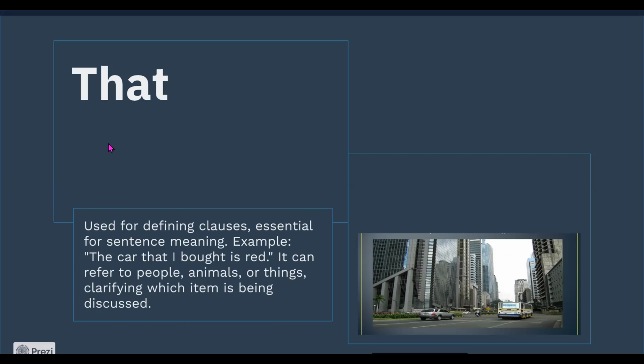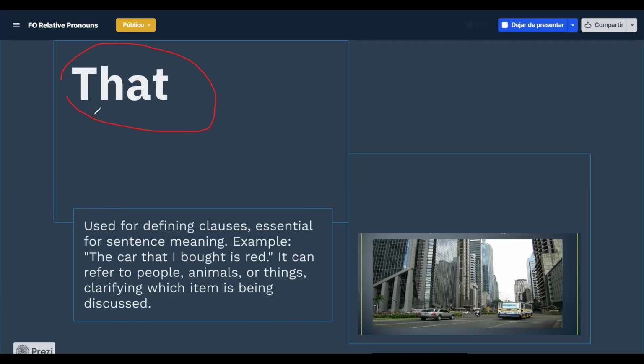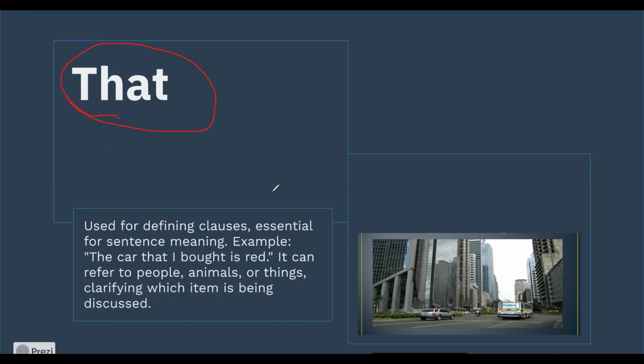That says essential info, and it is referring to people, animals, or things, clarifying the sentence.